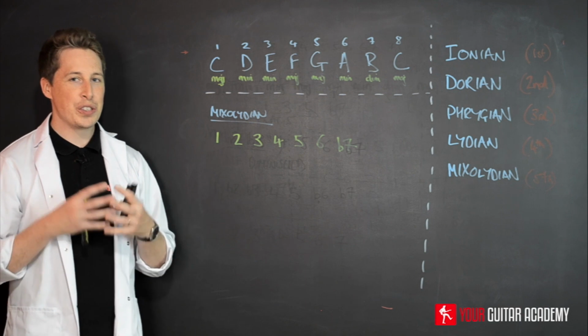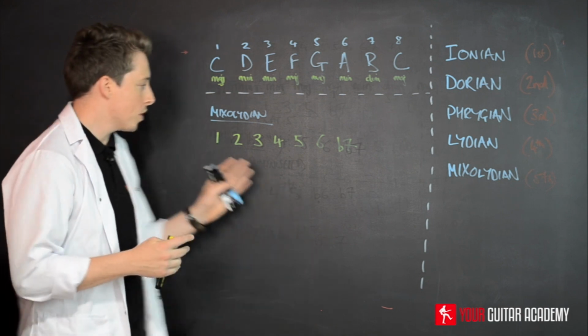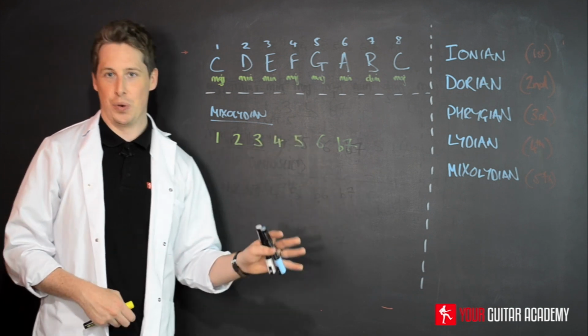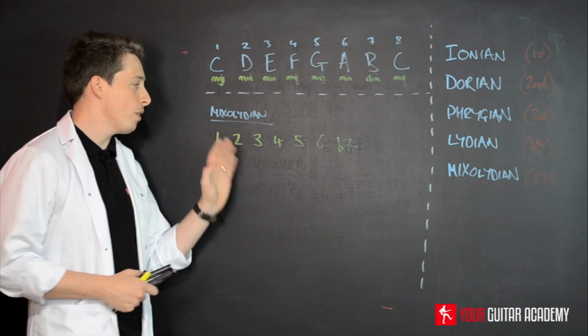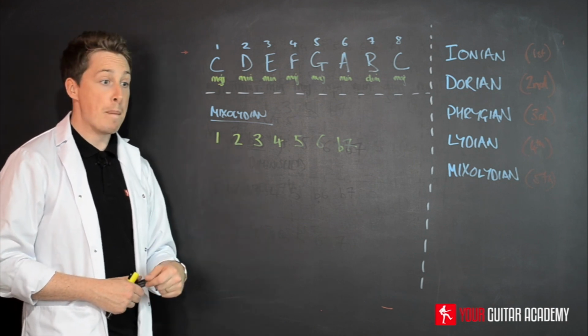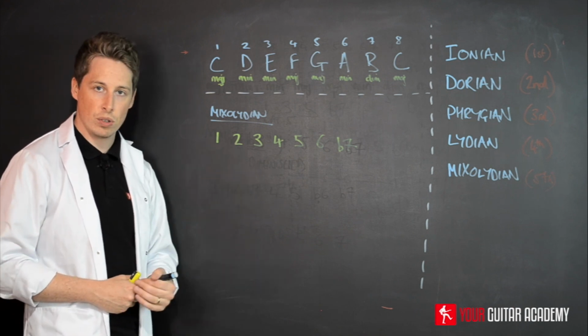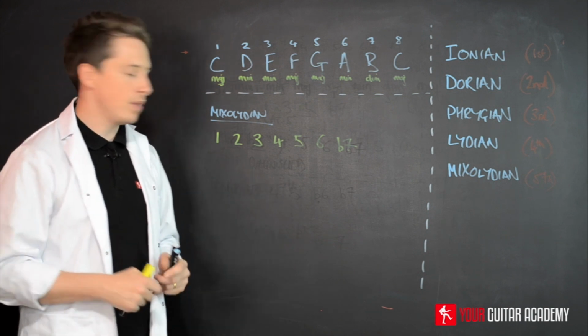So that gives us an explanation as to what this mode sounds like. It sounds like a dominant chord, essentially. It sounds like an extension of the dominant chord, and therefore it gets used a lot in blues and jazz and places where you're going to find those dominant 7th chords. But we will go through that in more detail at the end of this course.